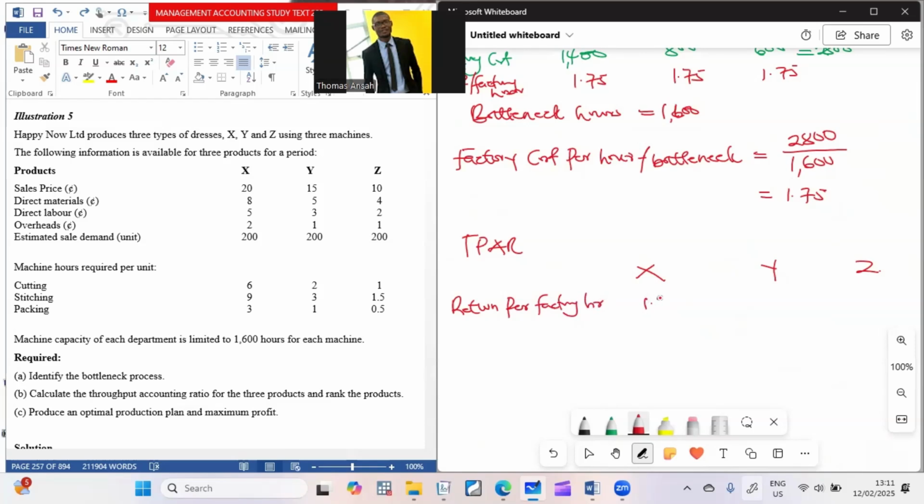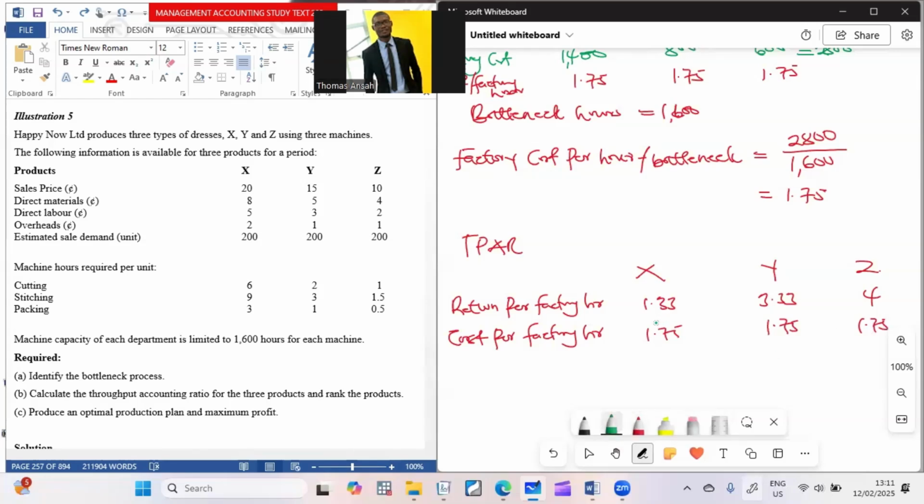I had 1.33, right? And 3.33 and 4. That's what I had. Then the cost per factory hour or per the limiting factor, I have 1.75. Yes, 1.75.